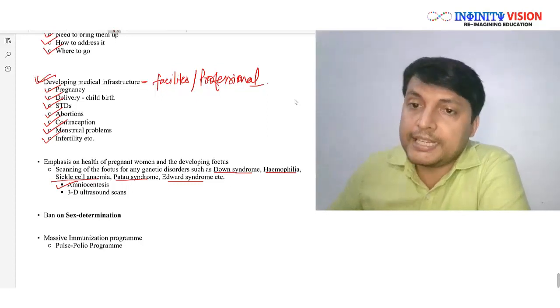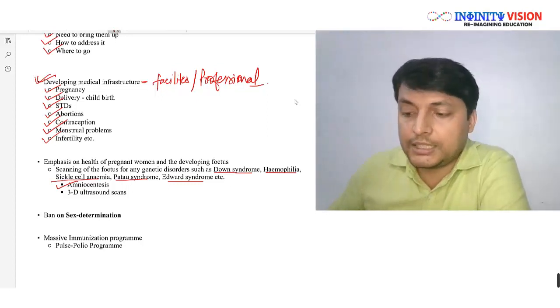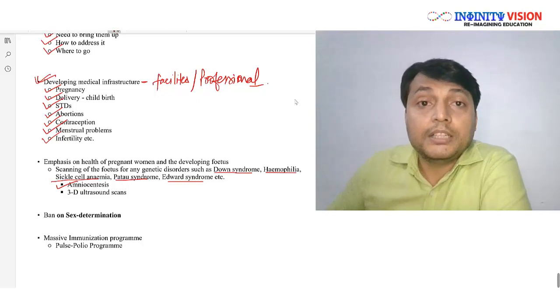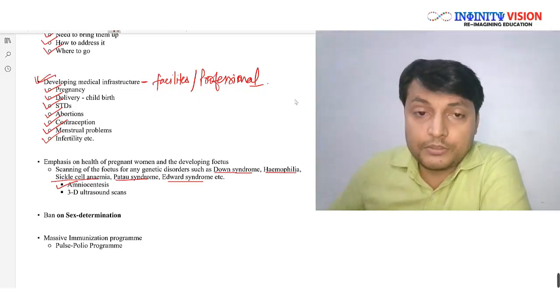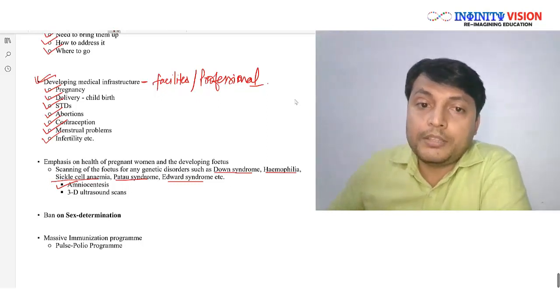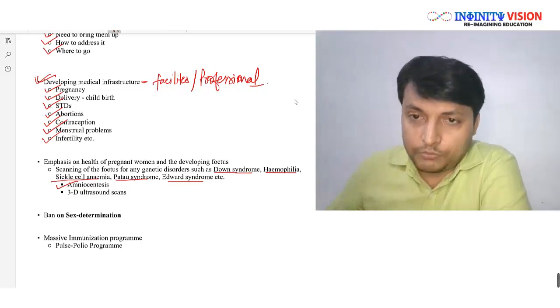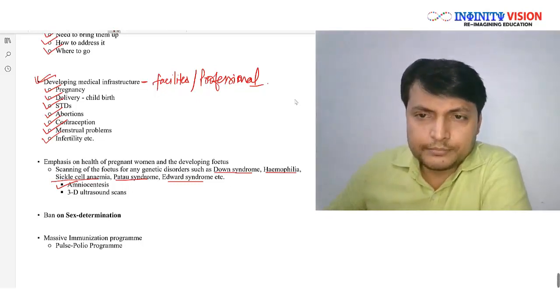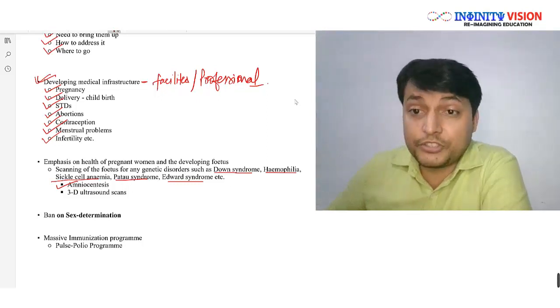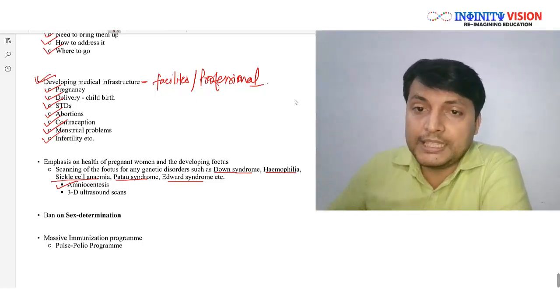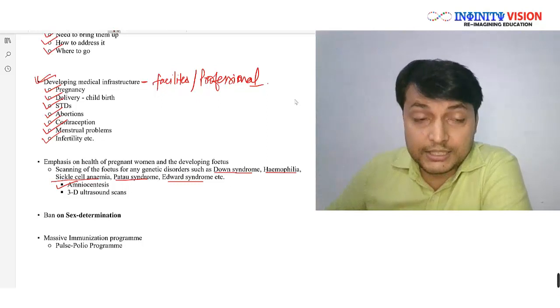Okay, otherwise abortion is illegal in our country. Apart from that, in case of rape victims, there also the mother can abort if she wants. Okay, so there are certain conditions in which abortion is legal, else it is illegal in our country.